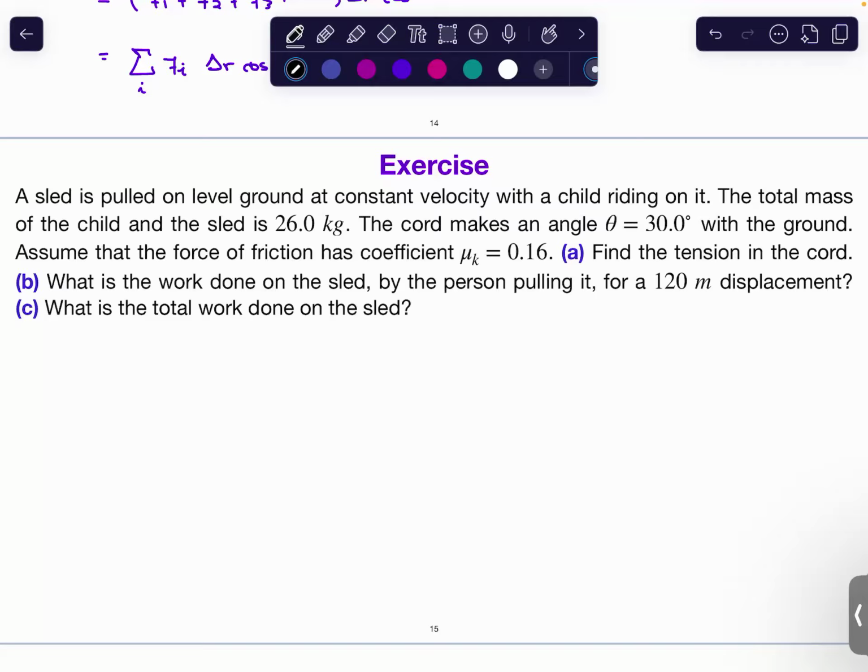So to start understanding everything that's present, what's the first thing we need? You have a free body diagram. Sled and kid is a rectangle. Sled is mostly rectangle. Kid is subsumed into sled, becomes part of rectangle.